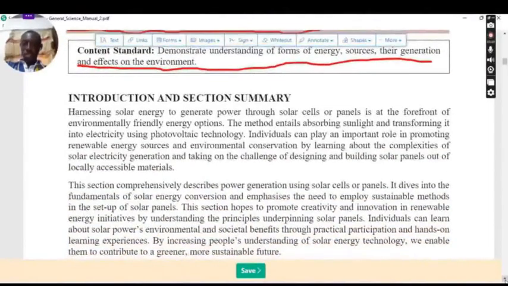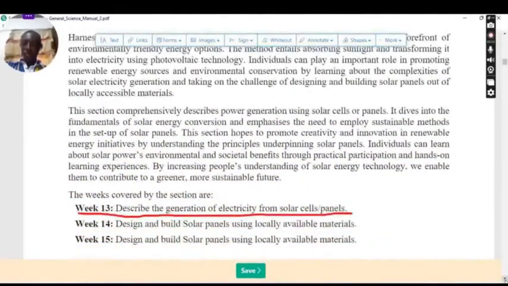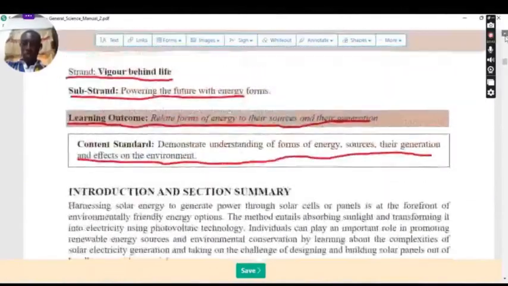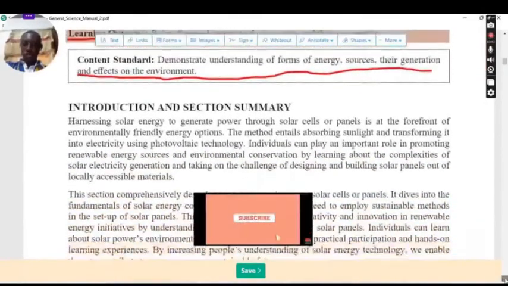The only changes will start from the LI. So week 14 will have a different LI, the same as week 15. So I just have to open the book, look at the LI and type. But the strand, sub-strand, LO and content standard are the same, common for these 3 weeks.